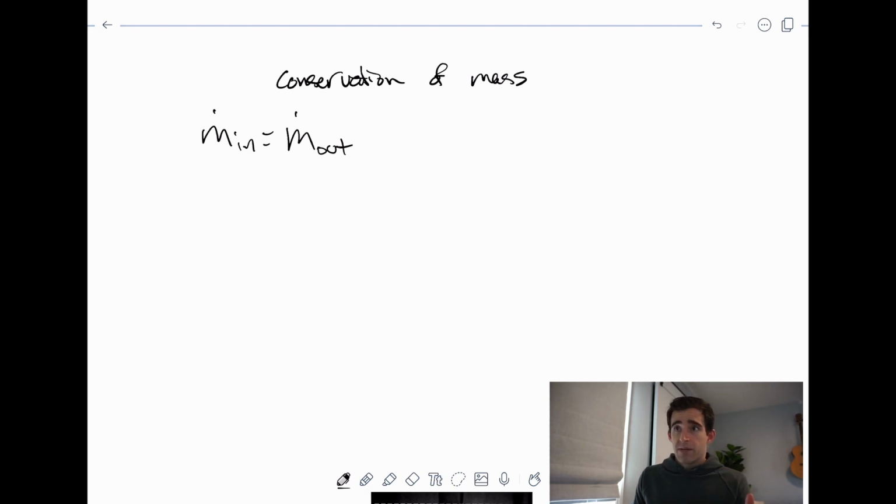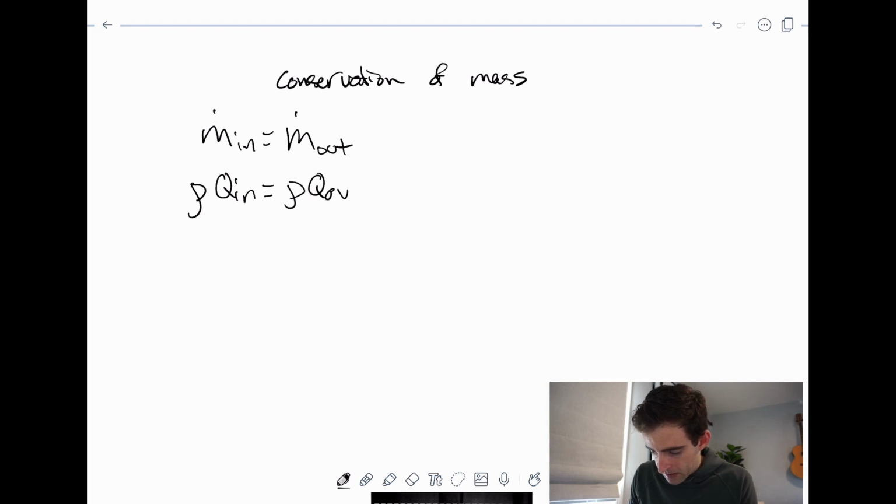If we break this down, we know that mass flow rate is the same as volumetric flow rate times density. We'll denote density with a rho. This is in, this is out. And volumetric flow rate is going to be velocity times cross-sectional area of our nozzle.